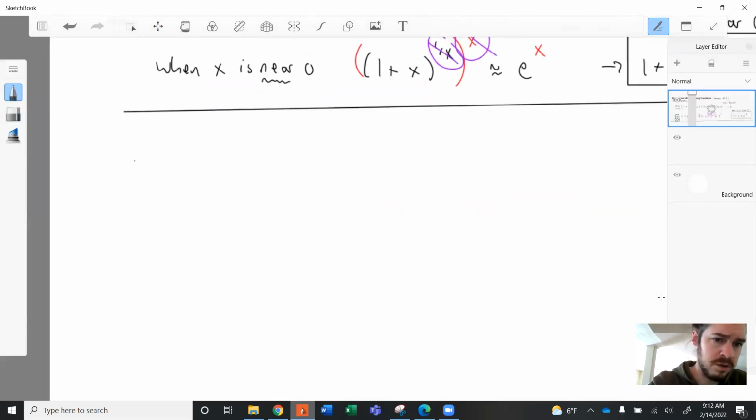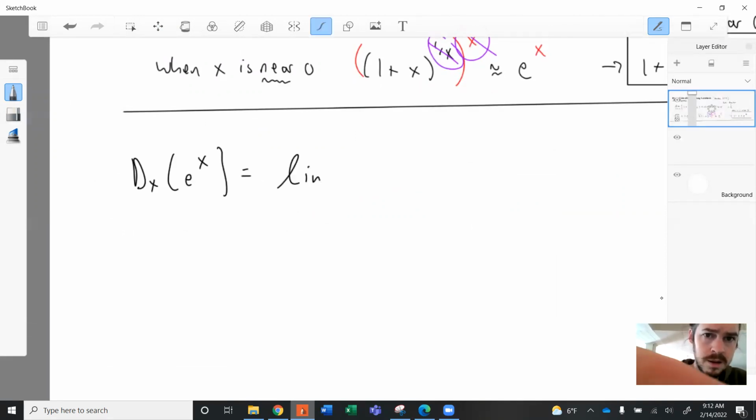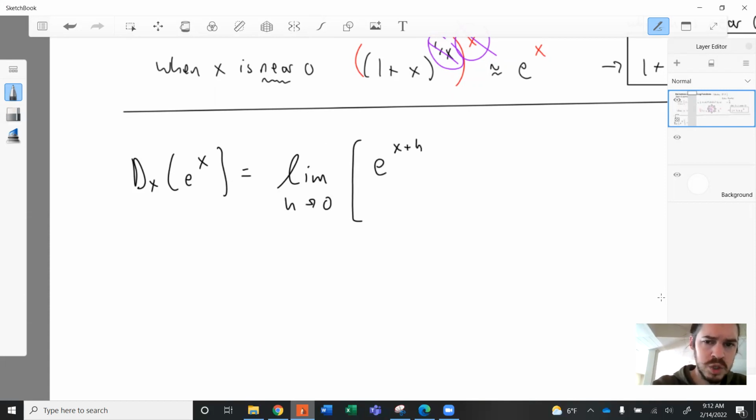So we're going to look at the derivative of e to the x, and the definition of this is a limit as h approaches 0 of e to the power x plus h, all of that inside the function, minus e to the power x, and then all over h.